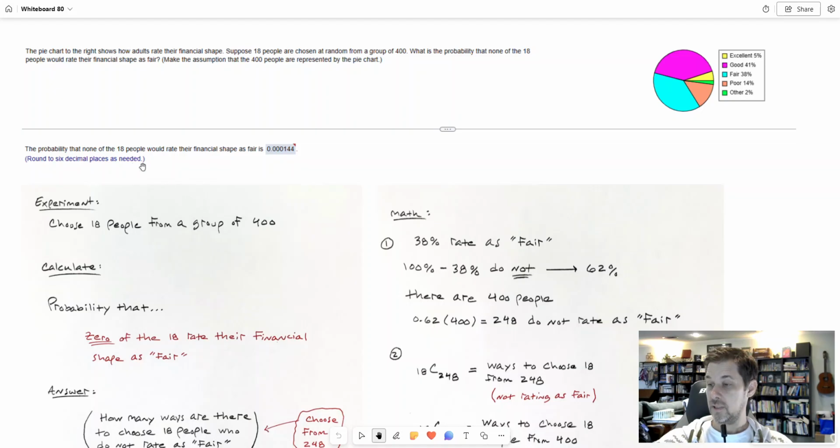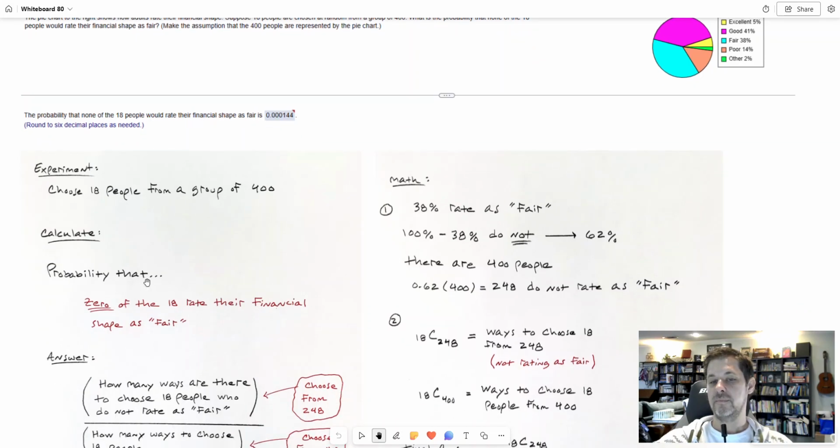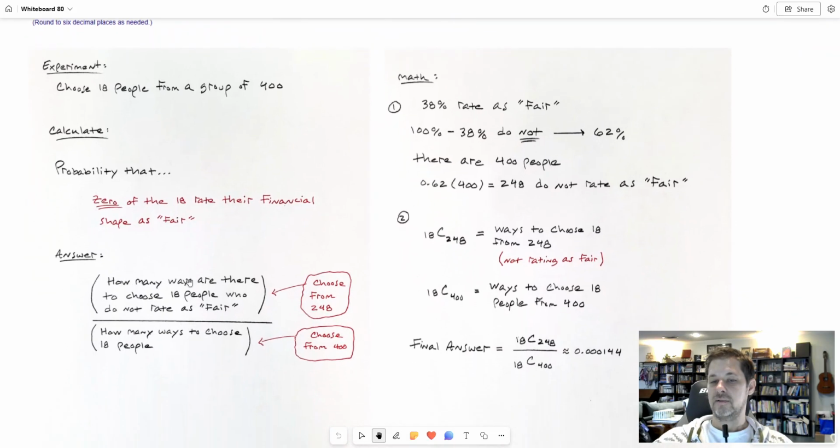Now, here's what I'd like to calculate. What is the probability that 0 of the 18 people that we pick, 18 out of 400, rate their financial shape as fair? Here's how we would answer that. Ultimately, this is what it's going to come down to.